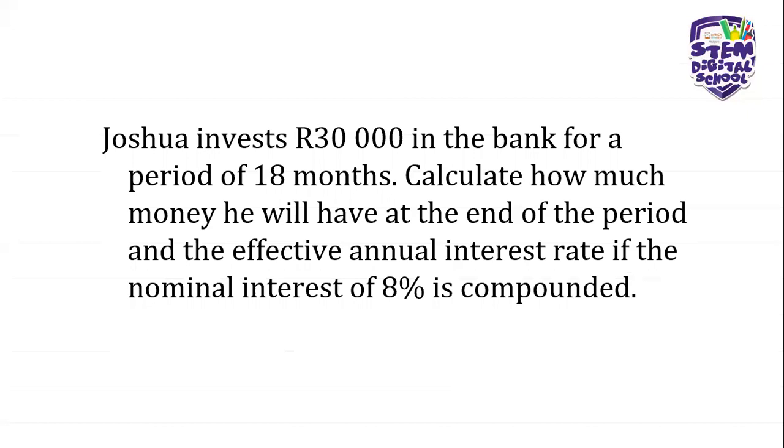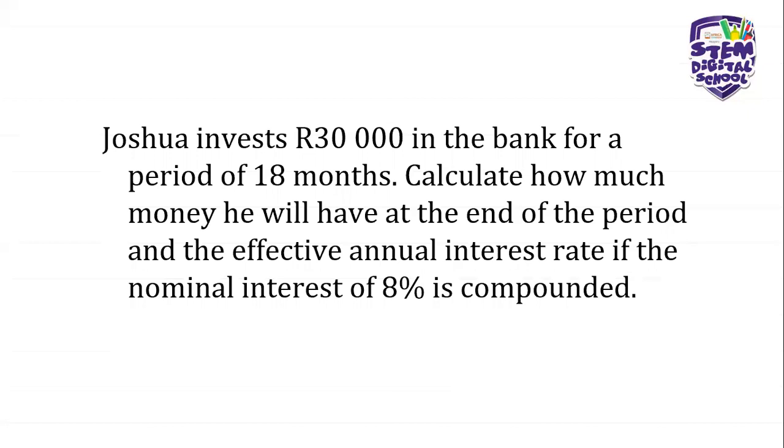Now, the other thing that is given here is the period. In this case, it is given in months. So we have got 18 months. We know that a year consists of only 12 months. Now, if you add 6 months to 12 months, you get 18 months.